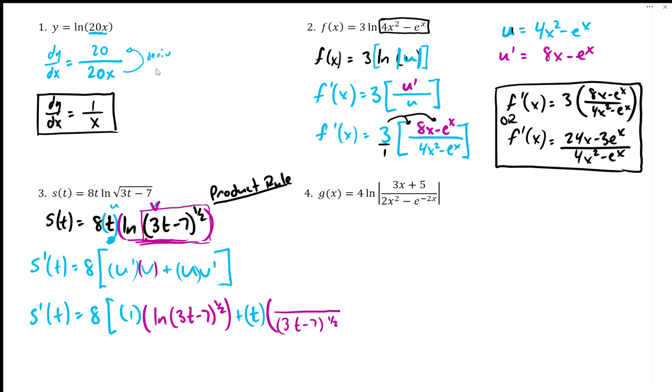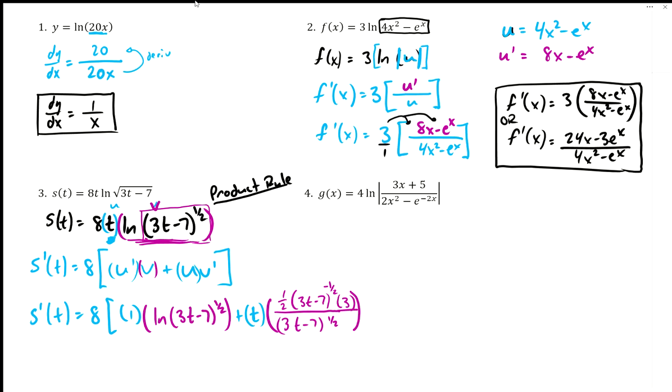Okay, so the derivative of this, well, that's also a chain rule problem. Okay, so that means the 1/2 would come to the front. And then we'll minus 1 from the power there, so negative 1/2. And then we'll multiply by the derivative of the inside of those parentheses, so times by 3. So the derivative of 3t minus 7 is 3.